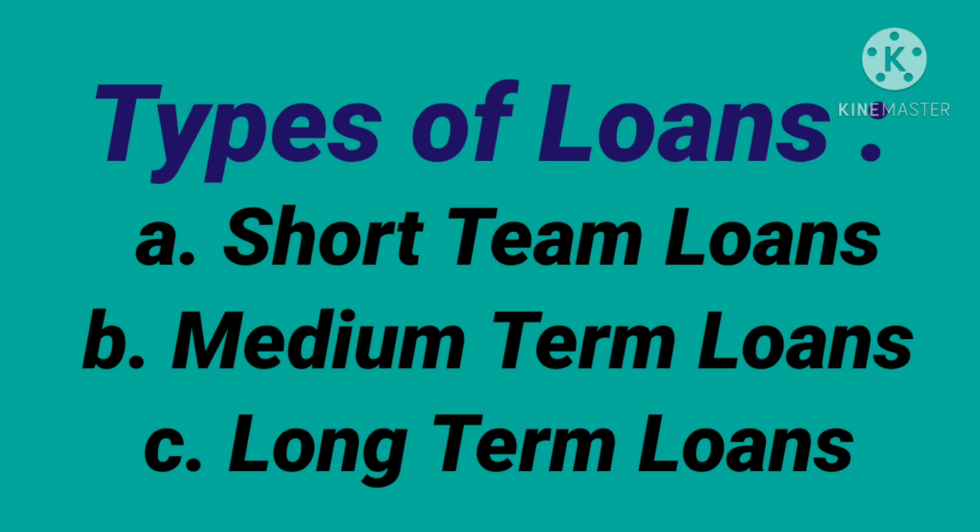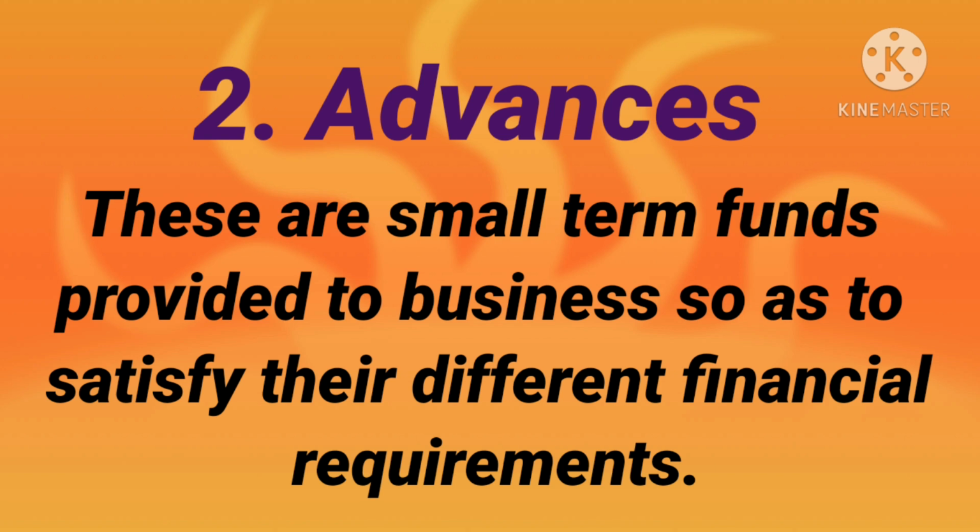These loans are granted for a period of 1 to 5 years so as to meet borrowers' working and fixed capital requirements. C. Long-term loans. These loans are granted for a period of 5 years or more so as to meet borrowers' long-term capital requirements. The second one, advances.